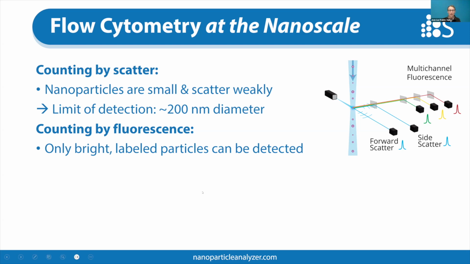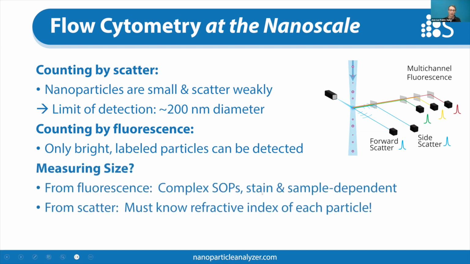So what about measuring size? Here we can use either one of those two options. From fluorescence, there are assays where you can calibrate the brightness of fluorescence and assume that it's proportional to the surface area, maybe depending on how it's stained. This is a complex operating procedure, and it still depends on the sample and the stain itself.